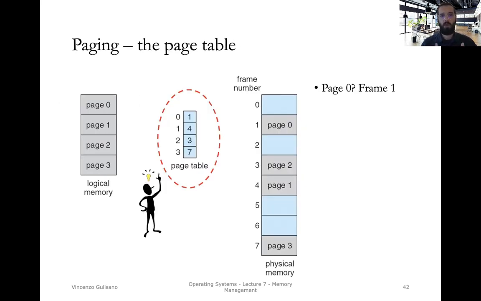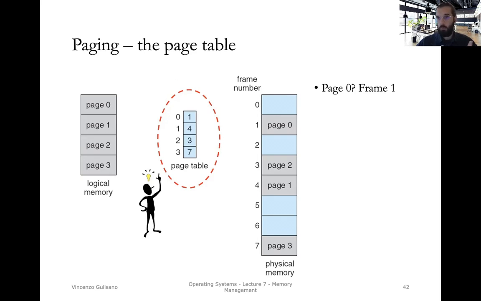In this example, we have a process. It requires 4 pages from 0 to 3. It means we need 4 frames. This is how the pages are loaded into the frames in this example. So what you do is that you maintain a page table. This is the operating system, of course. The number of rows you have in this table is equal to the number of pages you have in the process.